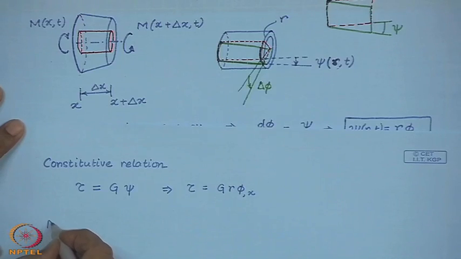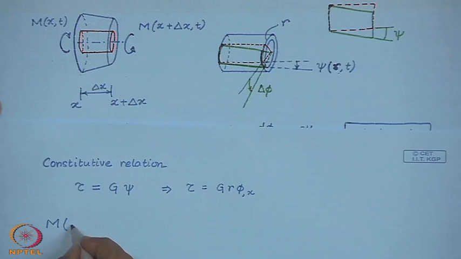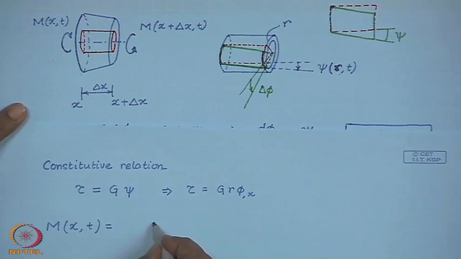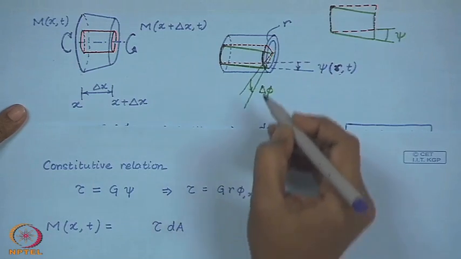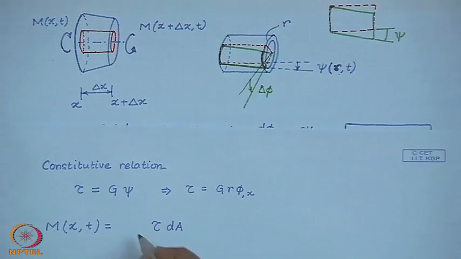So, M at any location x at any time t, I can write from the shear stress times the small area of this ring and the arm.